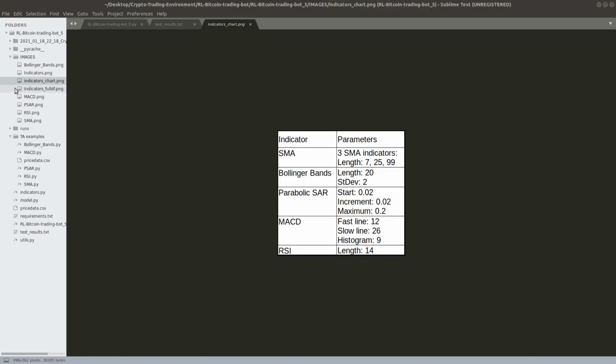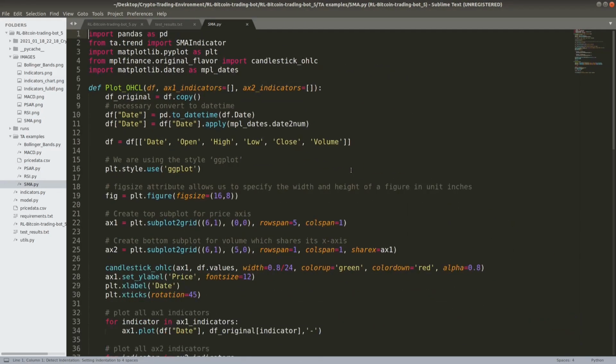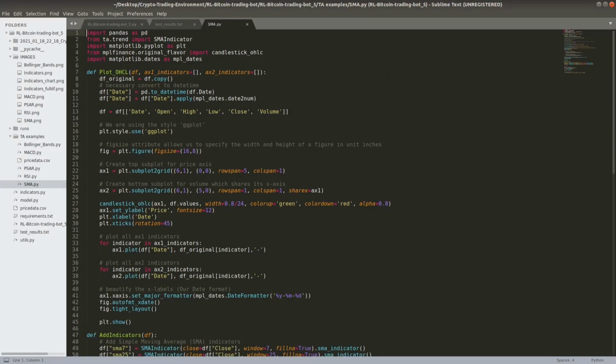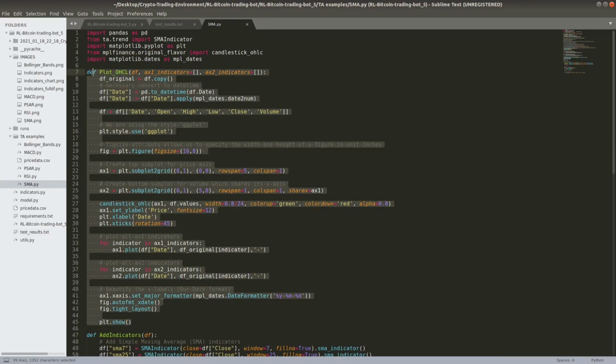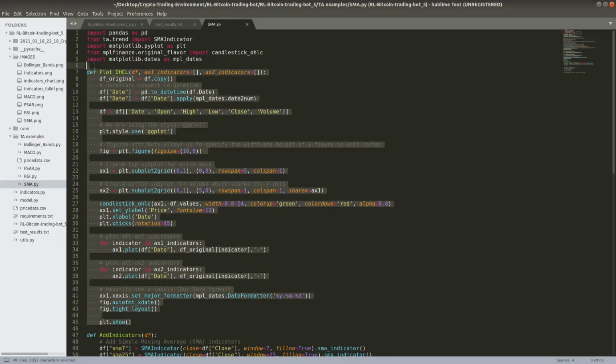So I wrote the following functions here. Oh, it's too large here. We'll use these functions to plot our indicators with OHLC bars and matplotlib's help. I wrote this function which I'll use only for demonstration, because I wrote 2 for loops here which will help us to plot all the indicators we give to our plot OHLC function.